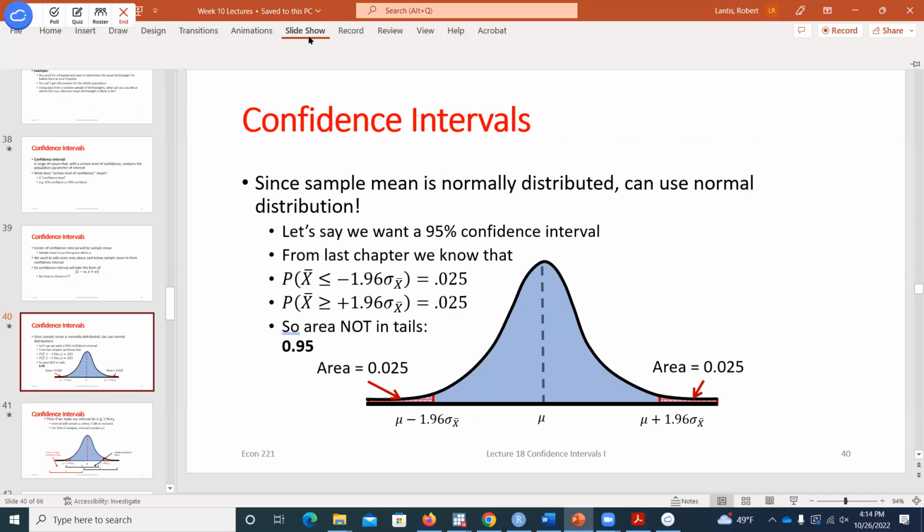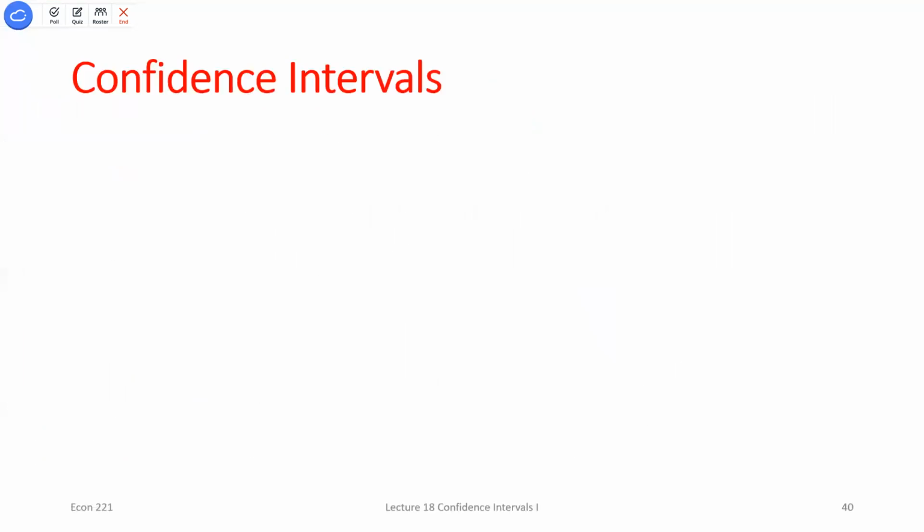I'll come back to this once I think seeing it on the board might make a little more sense first. So we just found negative 1.96. Once I have that value, I can think about any sample mean in this range.